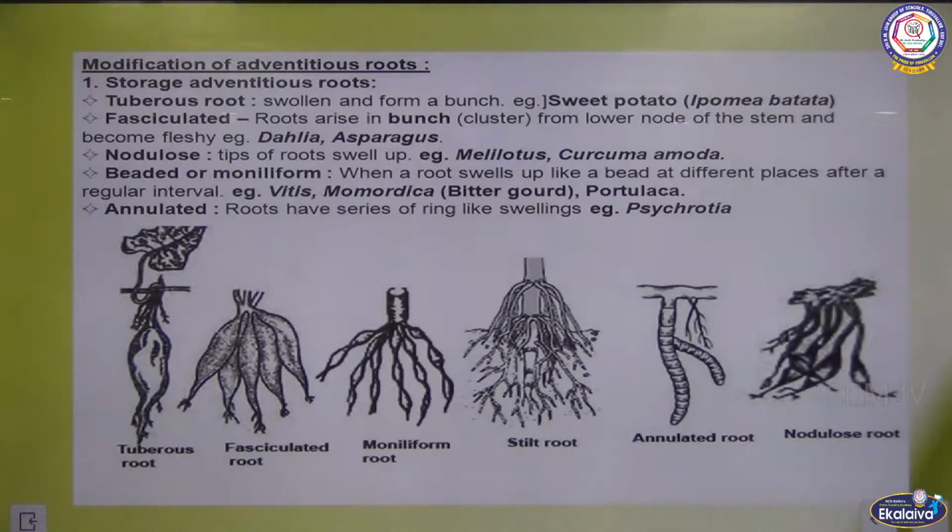Then, when we come to the adventitious roots modification, here they store the food material and they attain different forms. As you see in a sweet potato, you will find that it is swollen and forms a bunch, you call it a tuberous root.